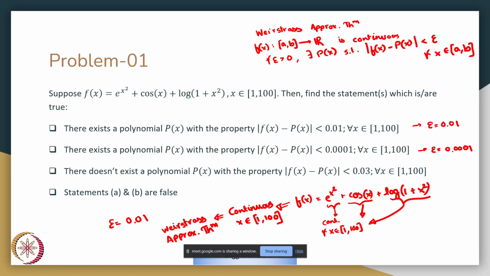So this violates the Weierstrass approximation theorem, because here we can plug in epsilon equal to 0.03, and with that we see that statement C is false. So only statements A and B are true, which gives us our correct answer for this particular problem. So this covers a case for the Weierstrass approximation theorem.